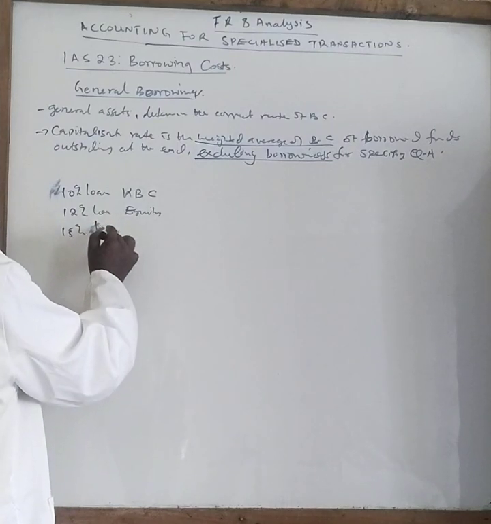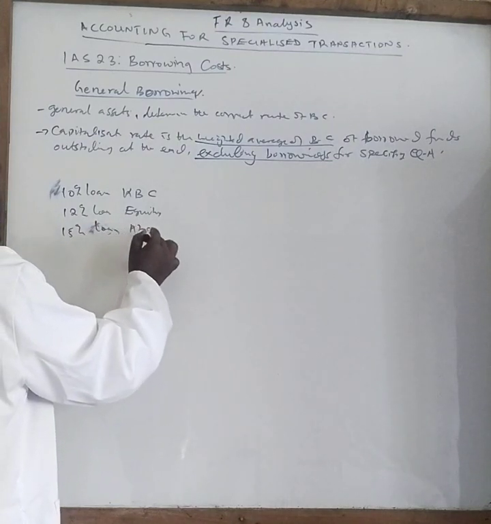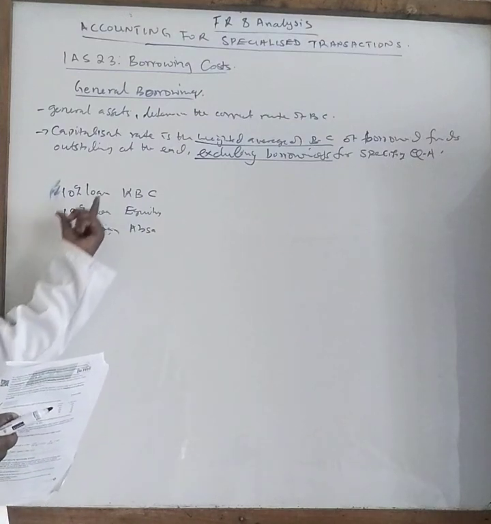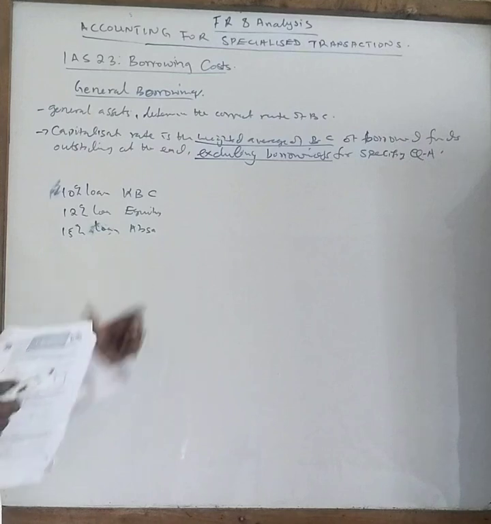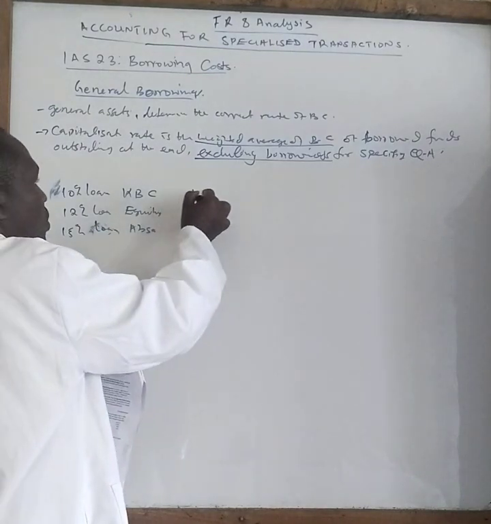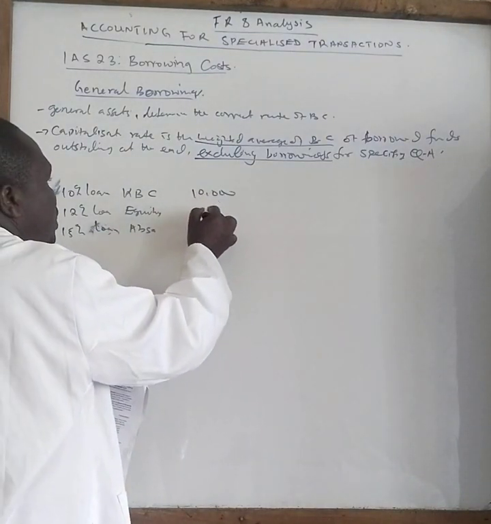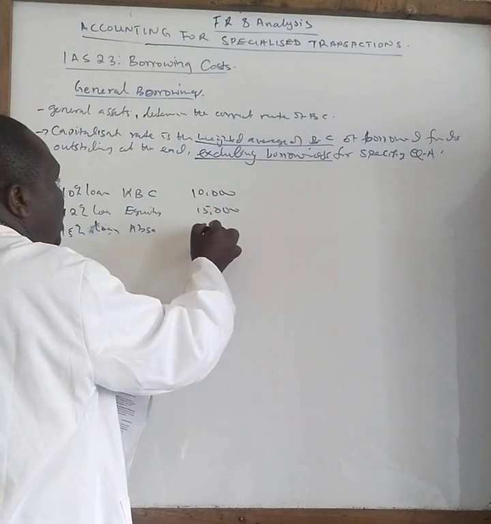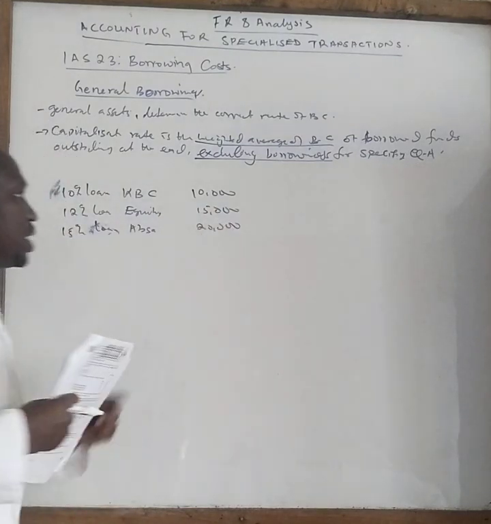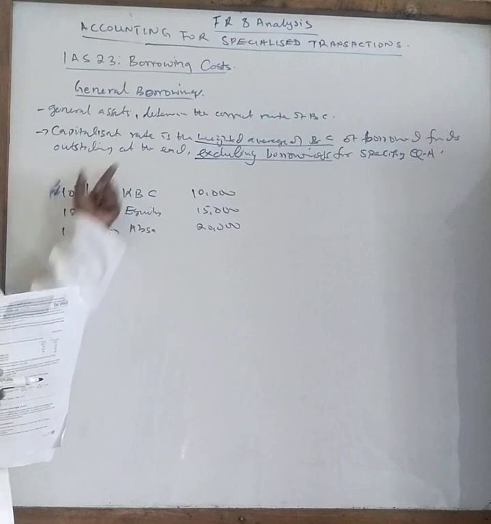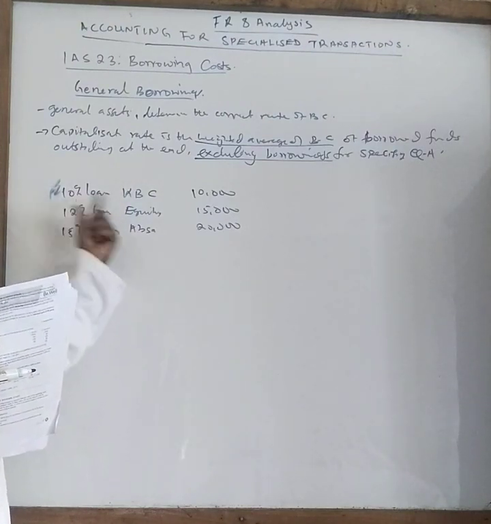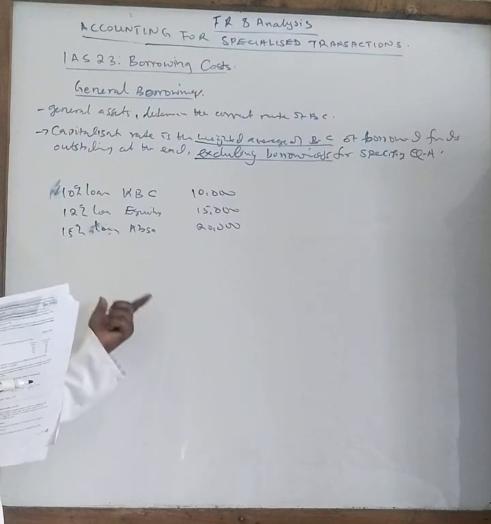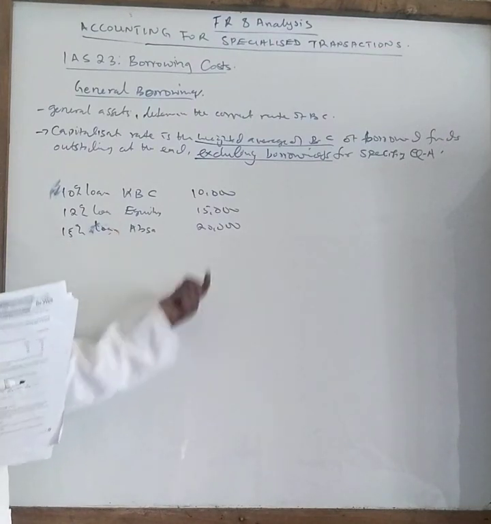So you can see that we now have different debt instruments here, correct? Maybe here we got 10,000, here 15,000, and here 20,000. So these debts we have here are what we call general debts. We don't know which one belongs to a specific or qualifying asset.